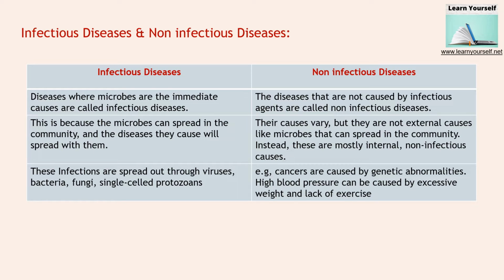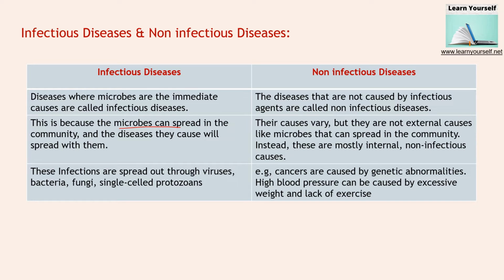Infectious diseases spread because the microbes can spread in the community and the disease they cause will spread with them. The person who stands next to a person who is sneezing is likely to catch the same cold because that person got infected with those viruses or bacteria.